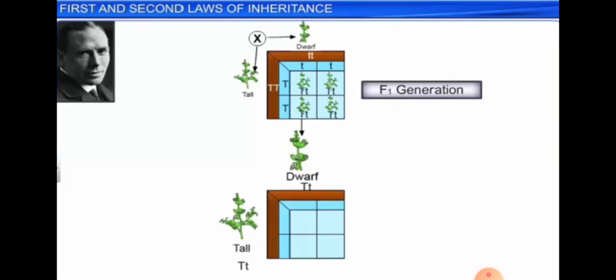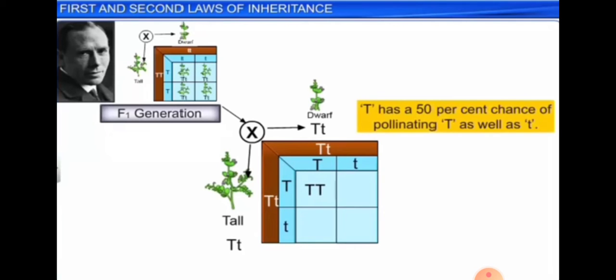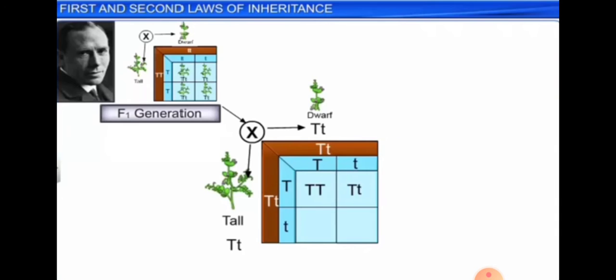Plants of the genotype capital T small t produced by the F1 hybrid are then self-pollinated to produce gametes of the genotype capital T and small t in equal proportion. From the square, you can see that all the pollen grains of the genotype capital T have a 50% chance of pollinating the eggs of the genotype capital T as well as small t during fertilization.